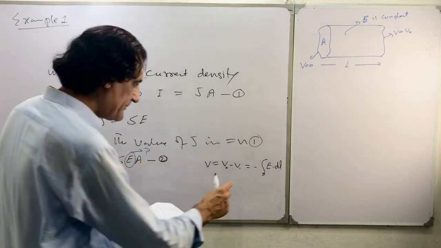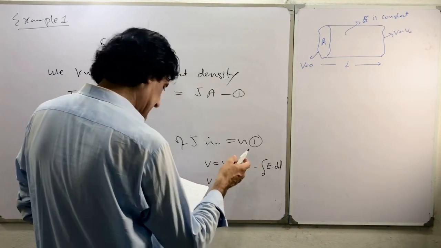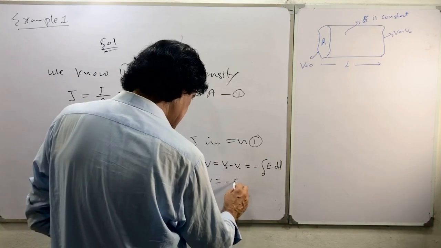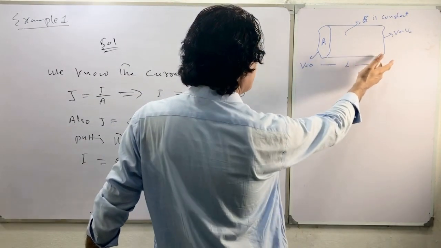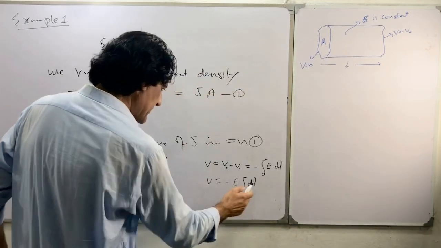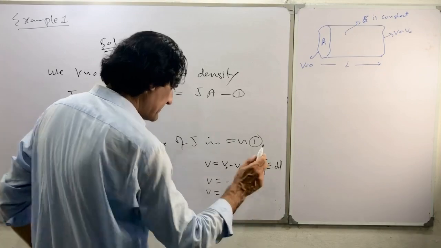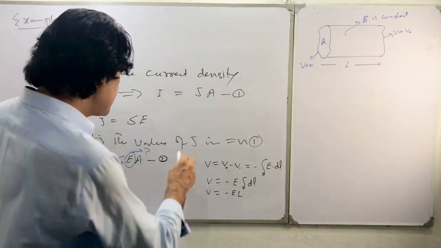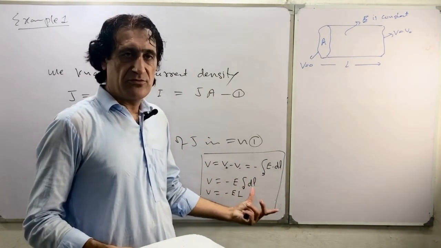And here E is constant, so V is equal to minus E times the integral of dl, and integrating over the length we will have L. So it means that V is equal to minus E L. This is actually the general situation.